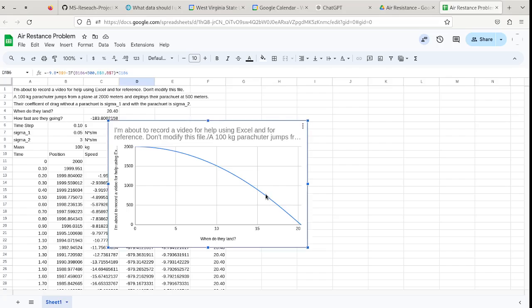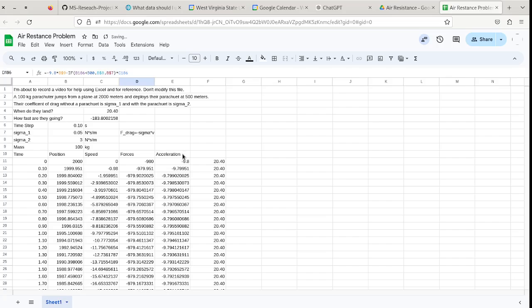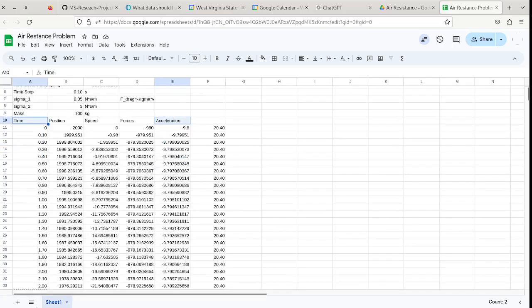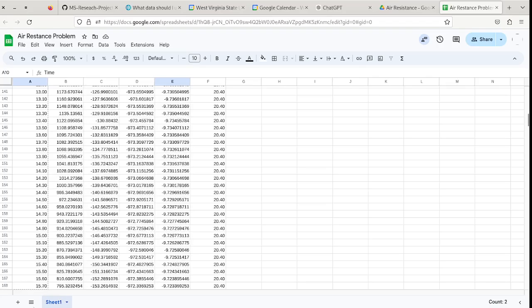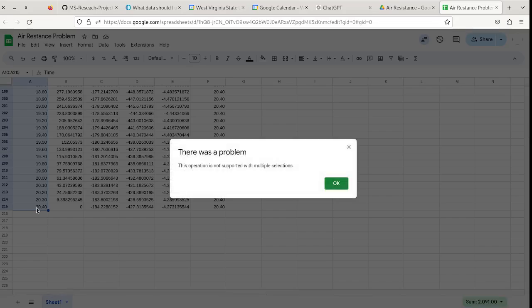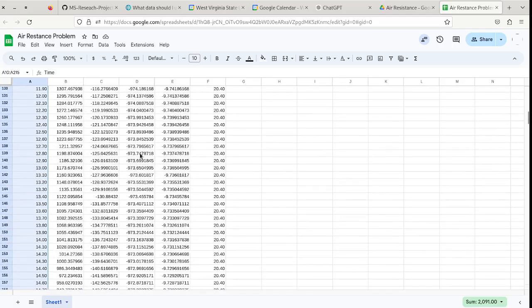But if you were to say, take acceleration and time, come here, Control, shift that all the way down. Let's see if it goes with us. We might have to make some choices here. Okay.